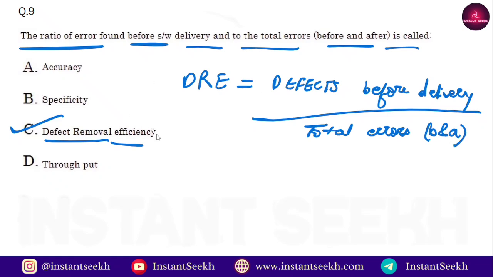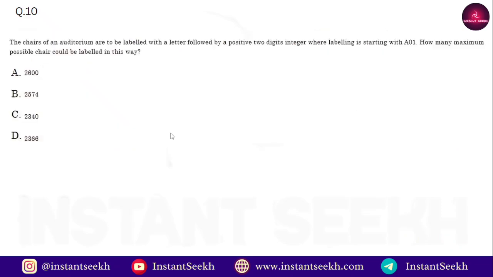So your defect removal efficiency is the ratio of errors found before software delivery to the total errors. So your answer is option number C. Let's move on to the next.